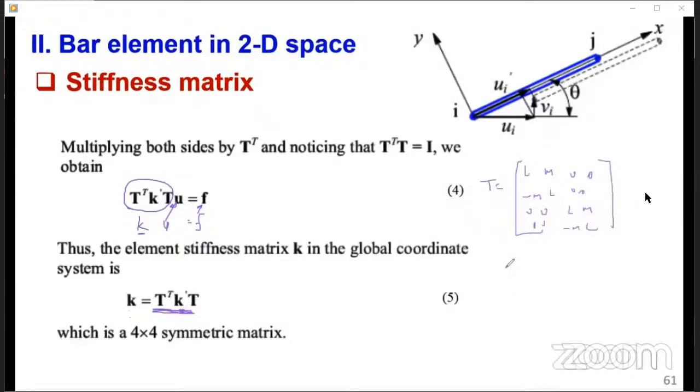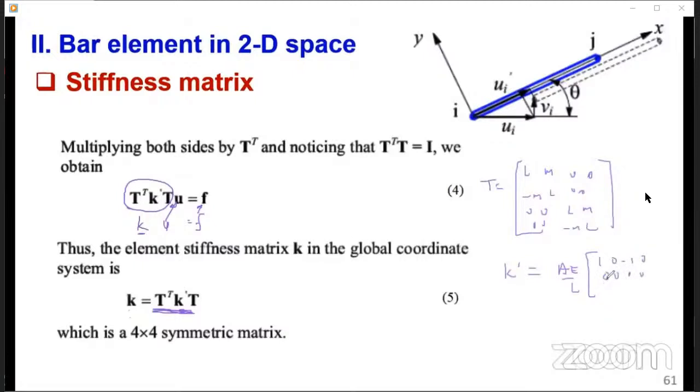K in the local system, we have it as AE over L, 1, minus 1. For you to be able to operate this, that's why you include the zeros. So 1, minus 1, then 0, 0, 0, 0.